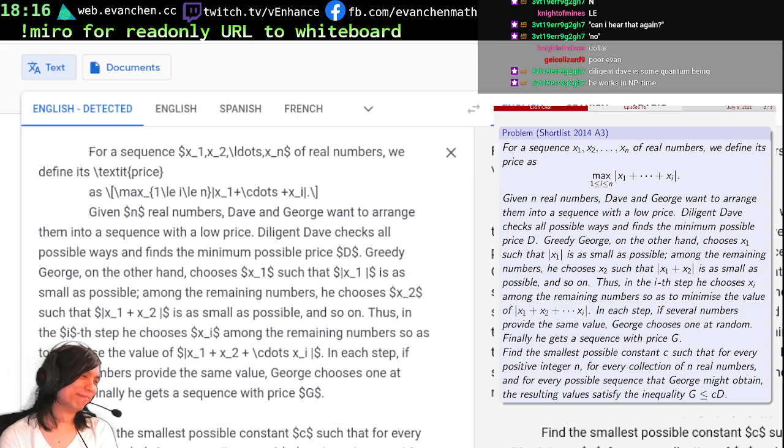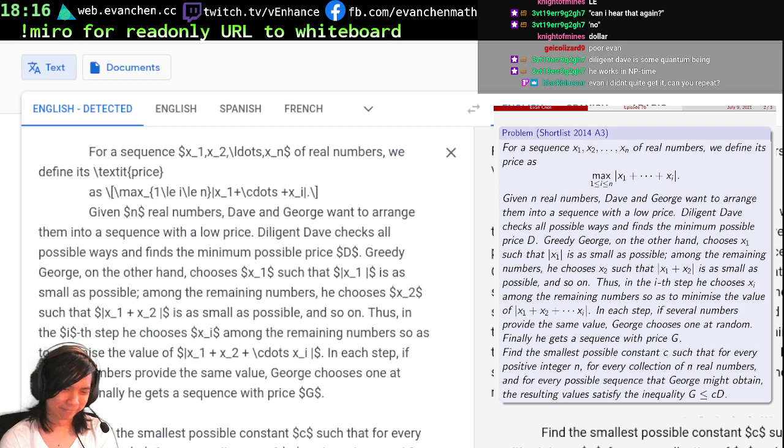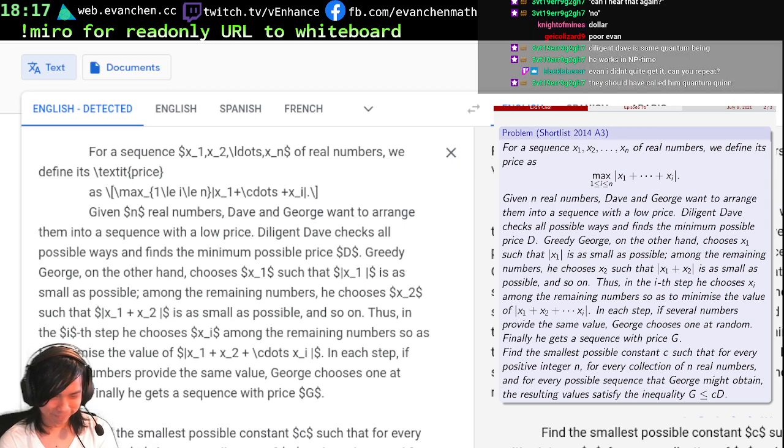Finally he gets a sequence with price $G$. Find the smallest possible constant $c$ such that for every positive integer $n$, for every collection of $n$ real numbers, and for every possible sequence that George might obtain, the resulting values satisfy the inequality $G \le cD$.